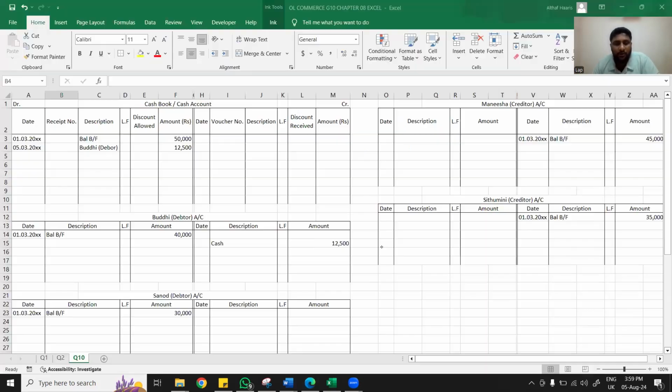So debit 2,500 for the time being, temporarily. That 2,500 we will record in the discount allowed column. I told you, discount allowed and discount received are temporary columns like memorandum columns. First we will write it in those columns, then at last we will transfer everything to the discount allowed account.